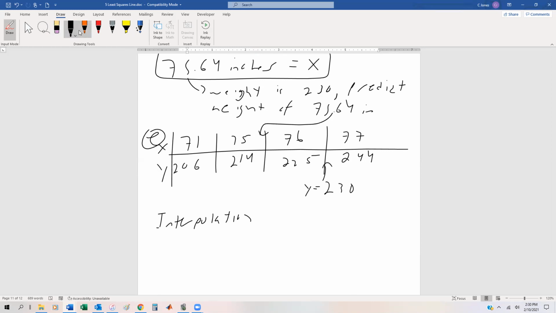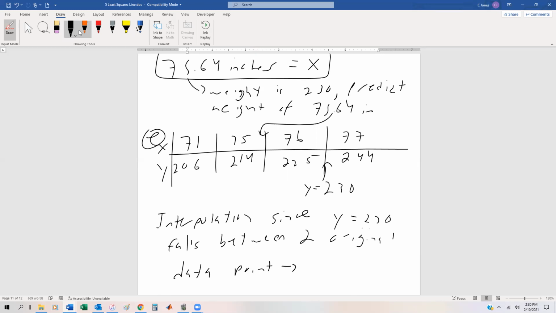So both the X and the Y values fall between two existing X and Y values. So it's an interpolation. And we're going to say it's an interpolation since Y equals 230 falls between two original data points. And just to be clear, I'll name them 225 and 244.